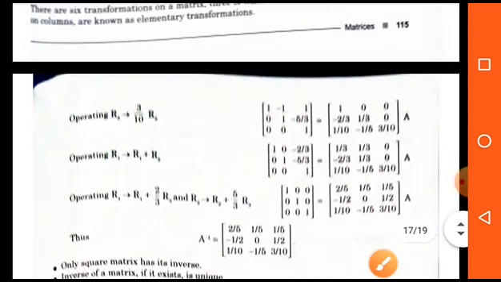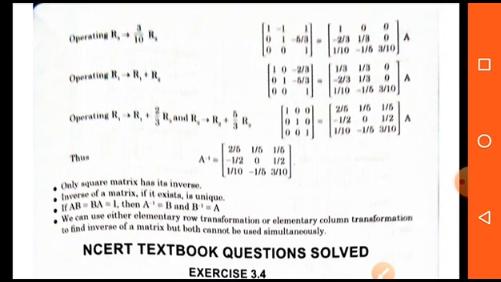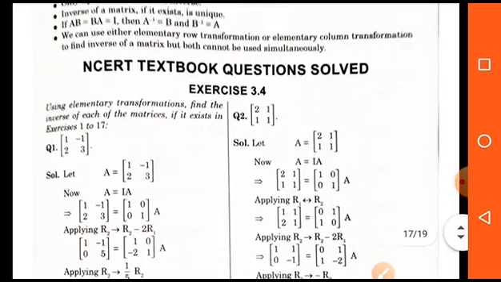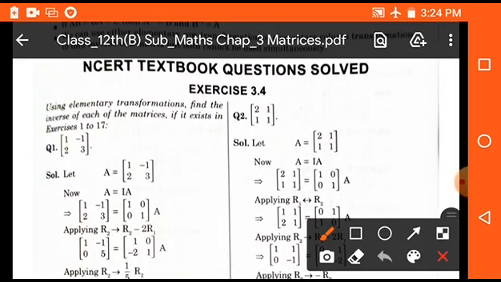By applying operations on the rows or the columns, you can convert any matrix into identity form, and this process is known as elementary transformation of a matrix. You will discuss the same topic in the next chapter, determinants, deeply. We will discuss there the process of finding the inverse of any matrix briefly.